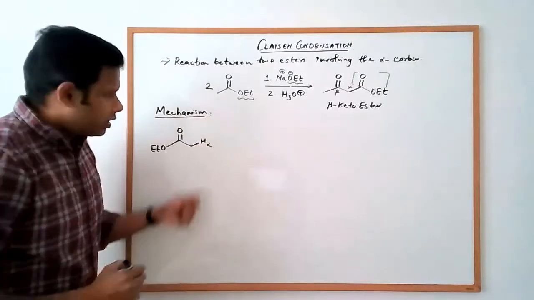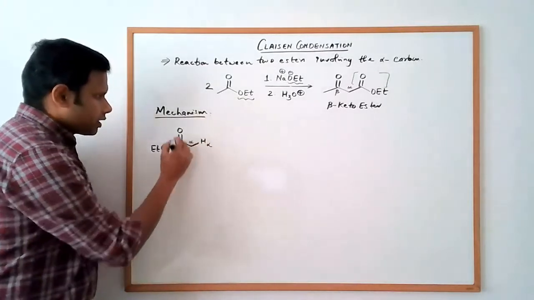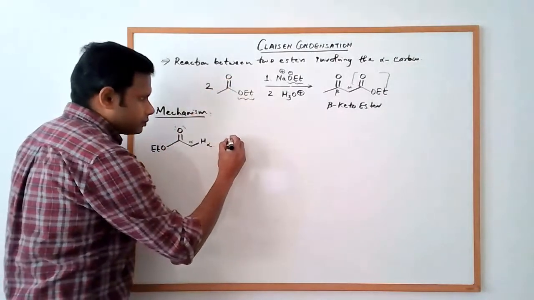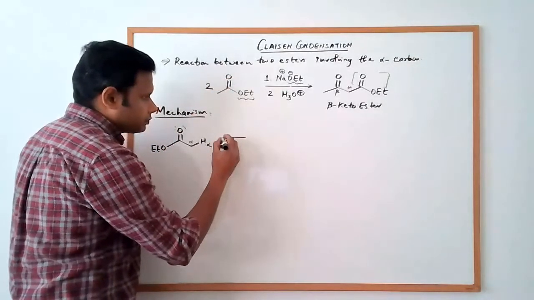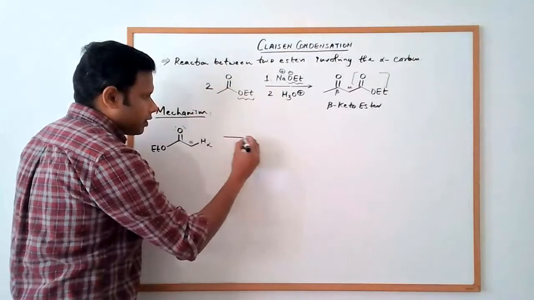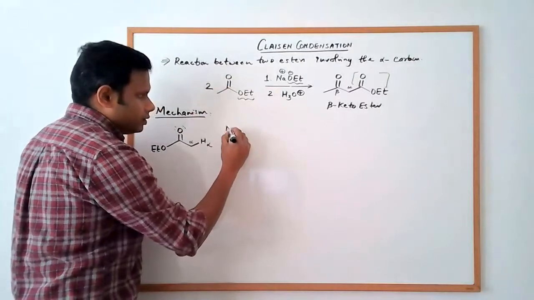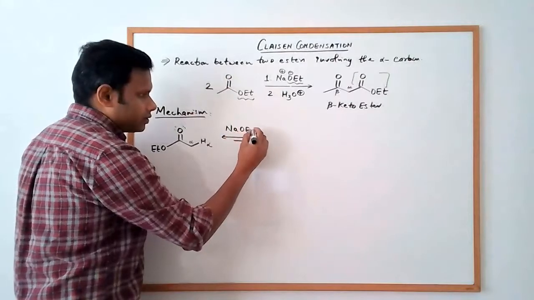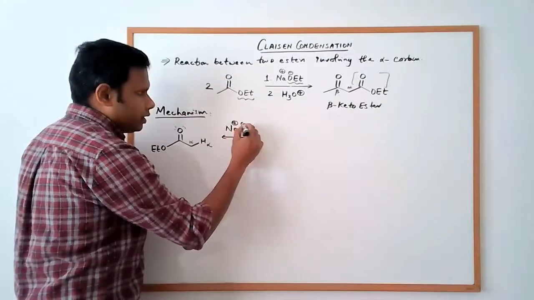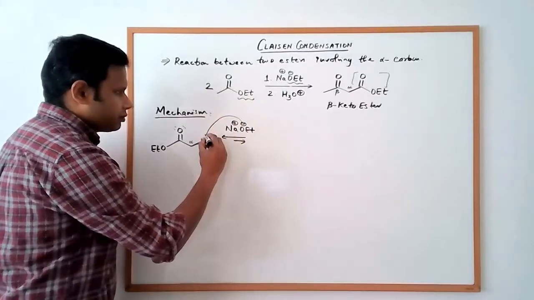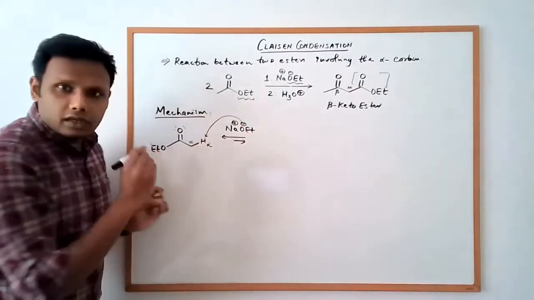So that's our alpha hydrogen. Here's our alpha carbon. In the presence of a base, the alpha hydrogen would get deprotonated.